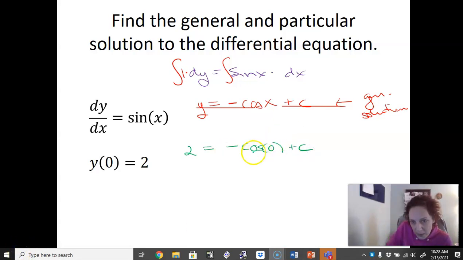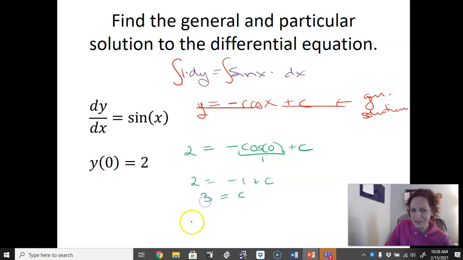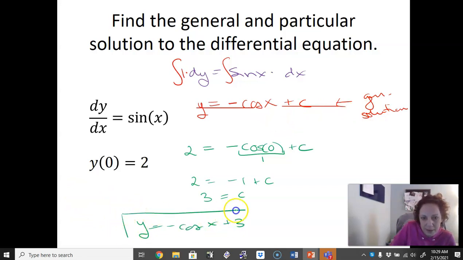Okay, so we know, of course, the cosine of 0 is equal to 1, right? So I have that 2 is equal to negative 1 plus c, which means, miraculously, c is 3 again. I promise you c isn't always 3. Okay. So now I know what c is. I can go back up and do my particular solution. So now I know that y is equal to negative cosine of x plus 3. That is my particular solution.